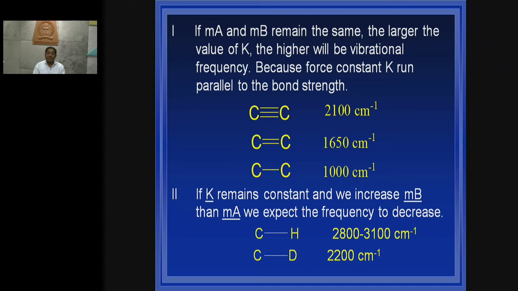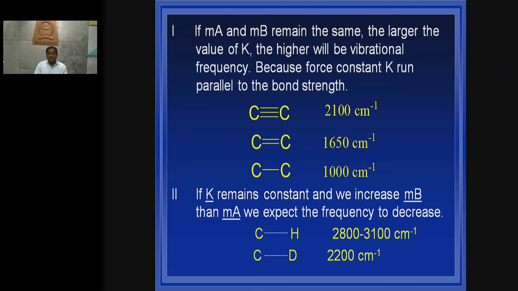The carbon-carbon triple bond has more strength. It is a tighter bond. The strength of the bond is more in the triple bond than the other two, so the frequency for the triple bond is more than that of the double bond, and consequently than the single bond.